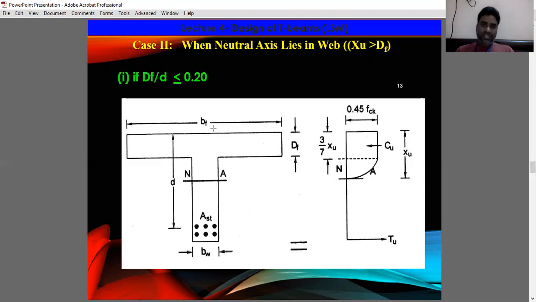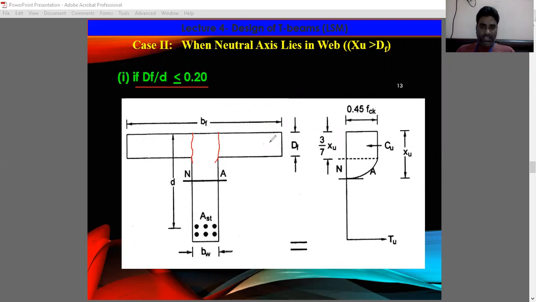So for analyzing this case, that means if Df by d is less than or equal to 0.2, the stress within the flange is a rectangular distribution. So in this case, I can just divide it into two parts. I can divide the section like this, right?